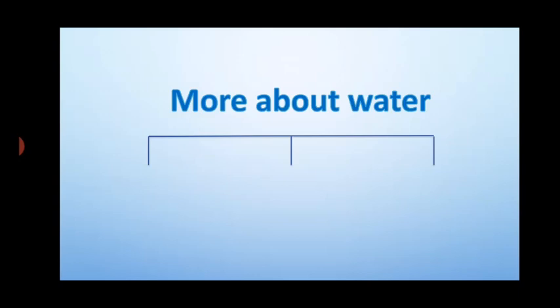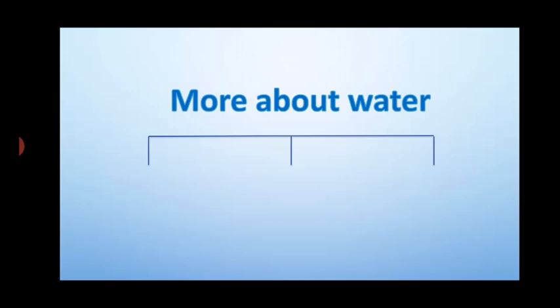Okay children, so in today's lesson we have talked about the first half of the lesson, that we talked about water and its qualities, and we saw that water does not have any smell, water does not have any taste, water does not have any color, and water is transparent. And when I told you all this, I told you that we are talking about pure water.